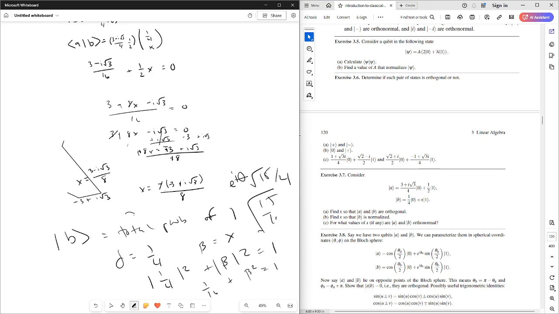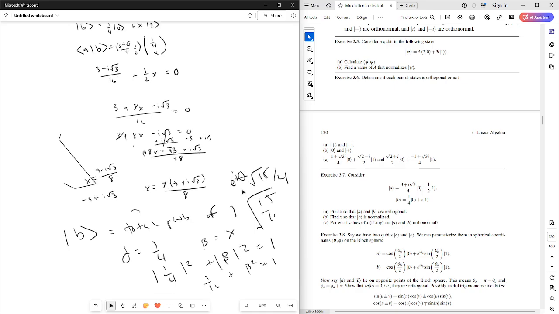B has to have some complex component here, so we put that in there. Because when we find our norm square, this will equate to 1 when we multiply by its complex conjugate.